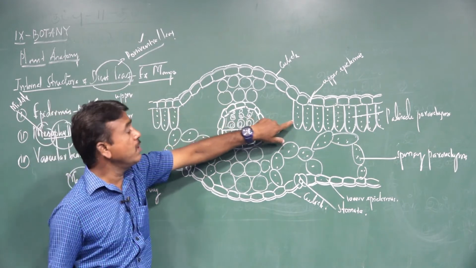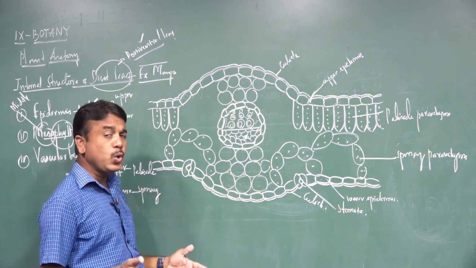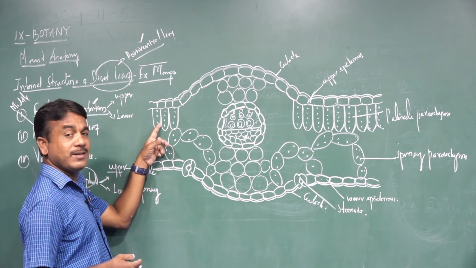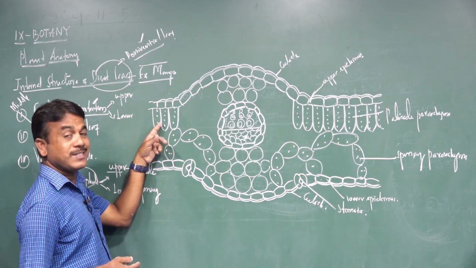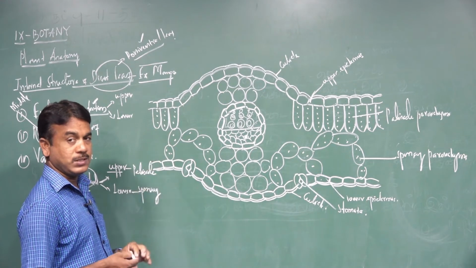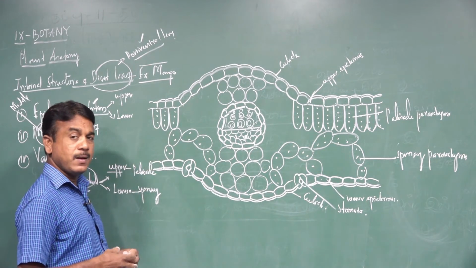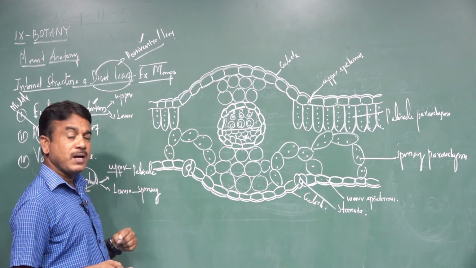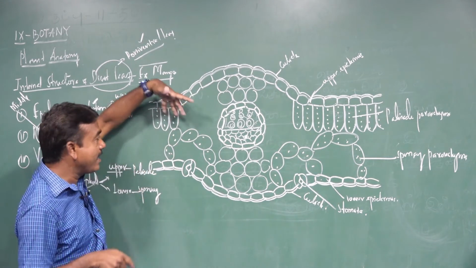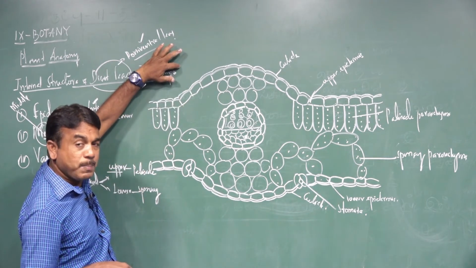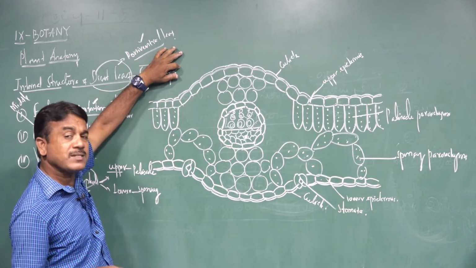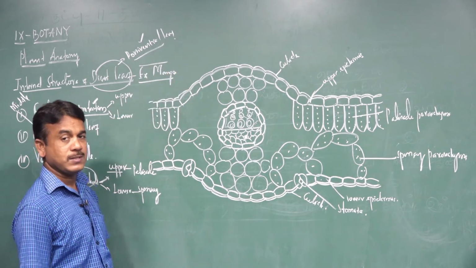The cells are compactly arranged without intercellular space and are elongated. They contain a large amount of chloroplast to perform photosynthesis. So in one sentence: palisade parenchyma cells occur beneath the epidermis, are vertically elongated cylindrical cells, compactly arranged without intercellular space, and contain more chloroplast for photosynthesis.